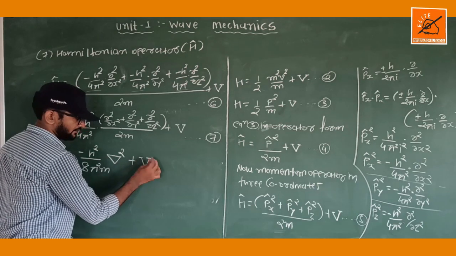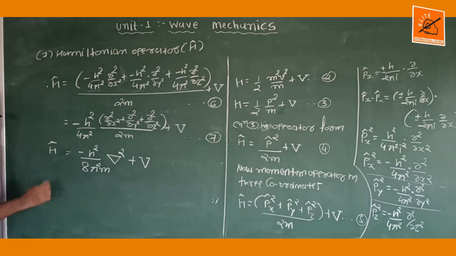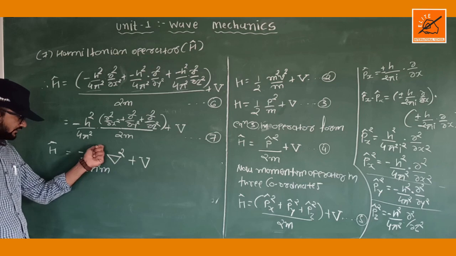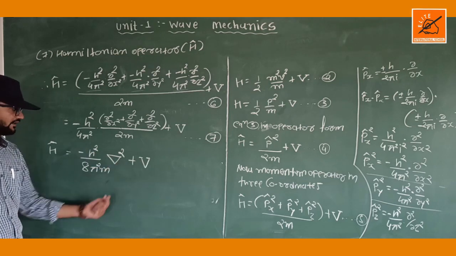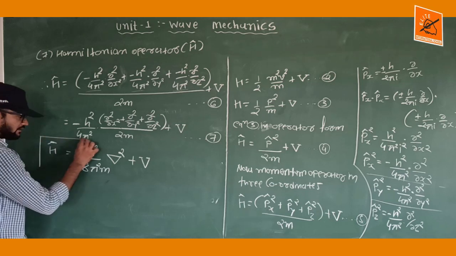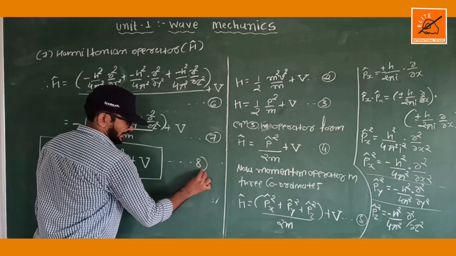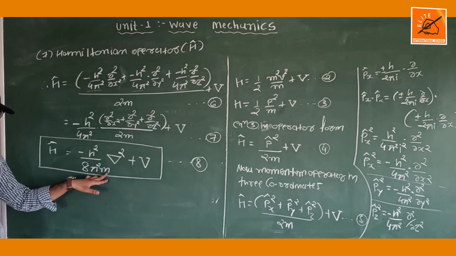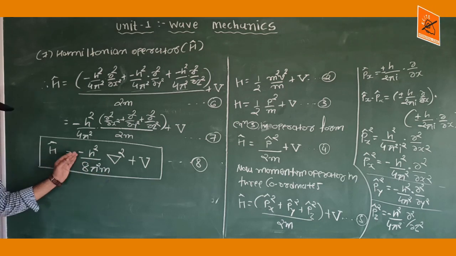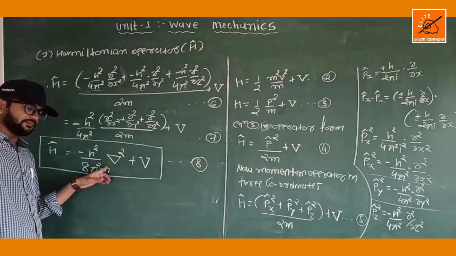H cap is equal to minus h square upon 8 pi square m into del square plus capital V. This is the equation number 8. And this equation is called the Hamiltonian operator for a single particle with mass m.